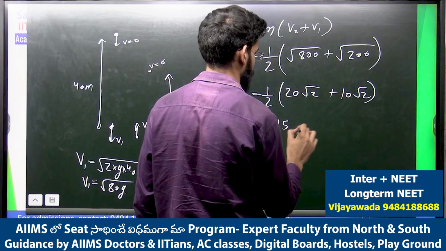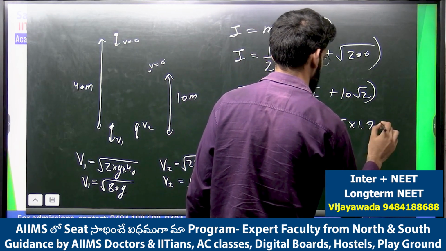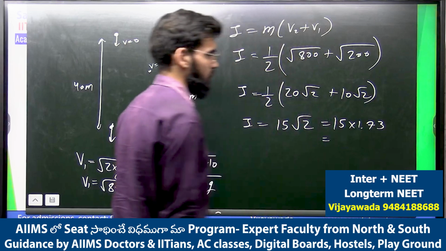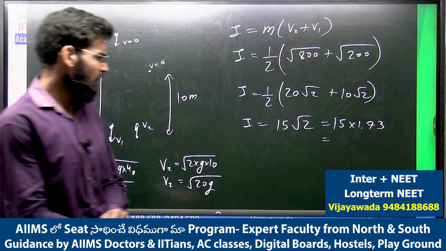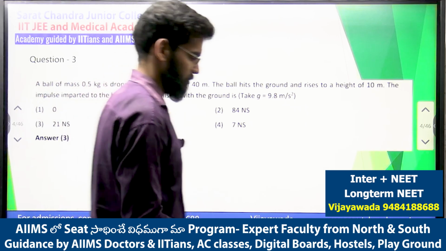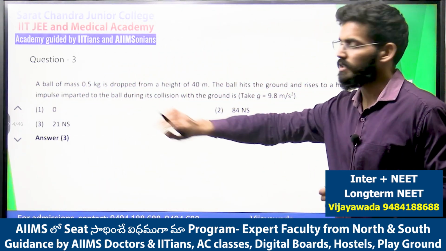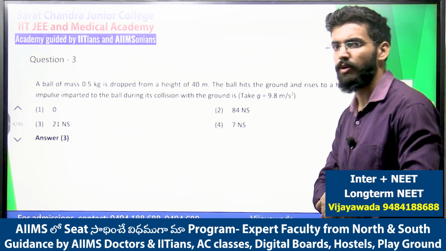So 15 into root 2, right? So 15 into 1.732. Okay, so approximately you calculate, you will get 21. Got it? So 21 answer will come if you take exactly 9.8.